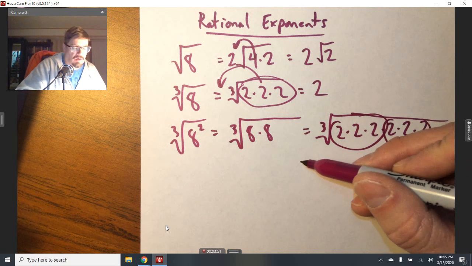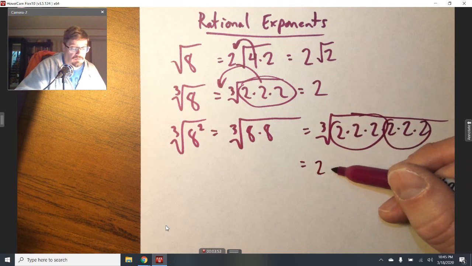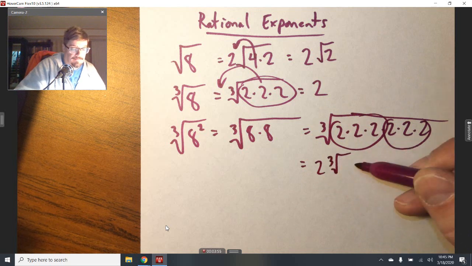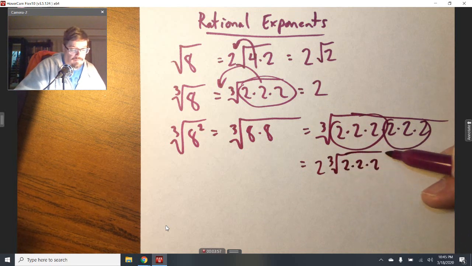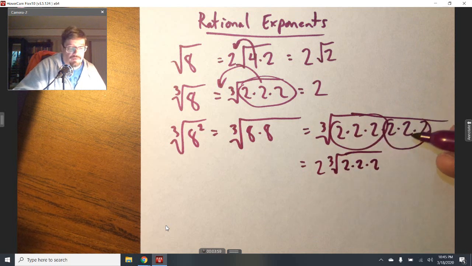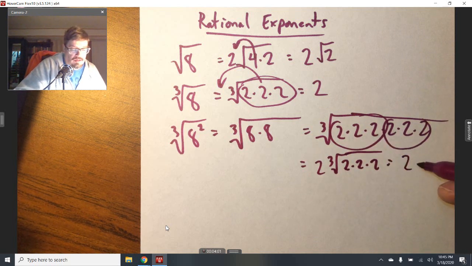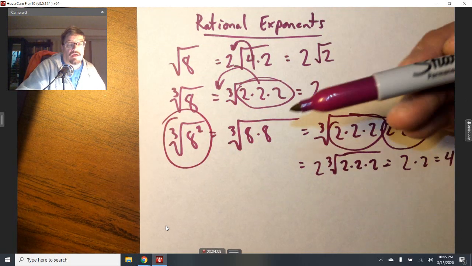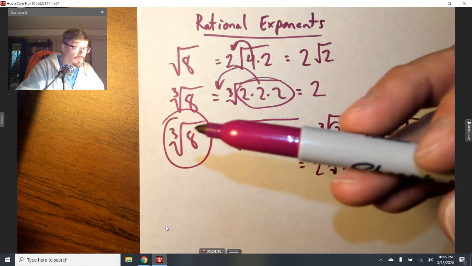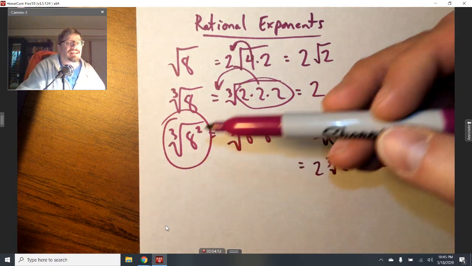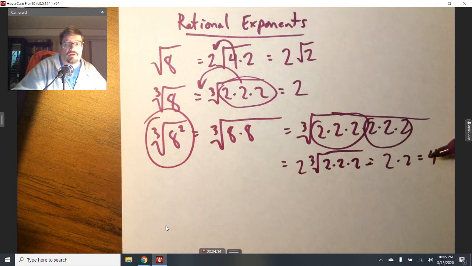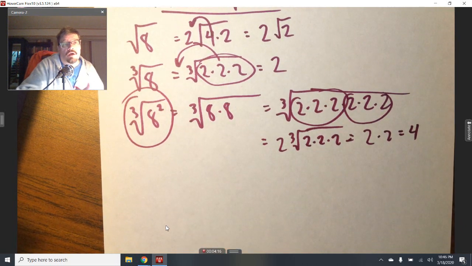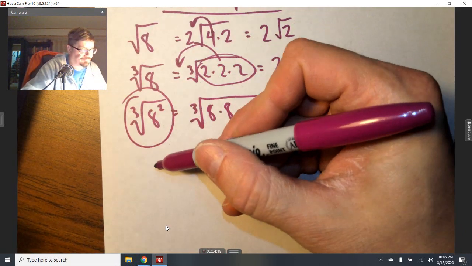If I took out 1 triple, that would be 2, and if I took out the other triple, that also would be 2. So I'd have 2 times 2, and that's 4. So the cube root of 8 squared is actually 4.